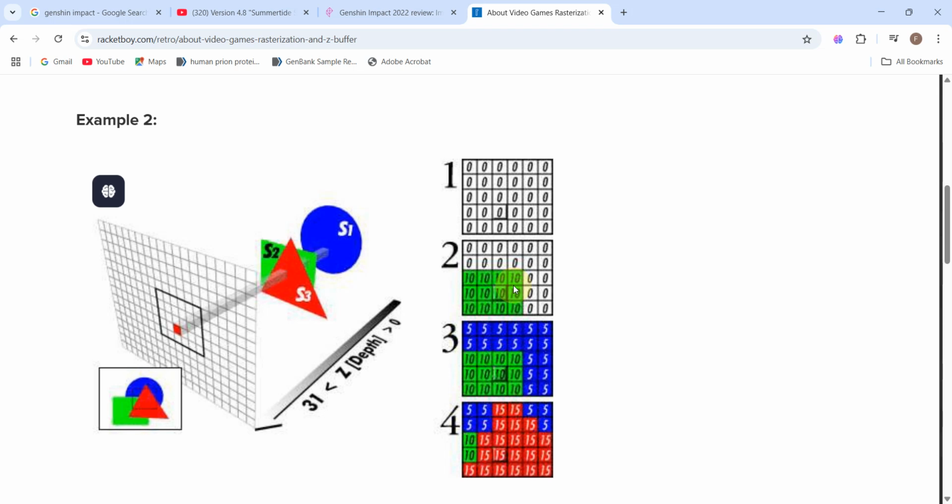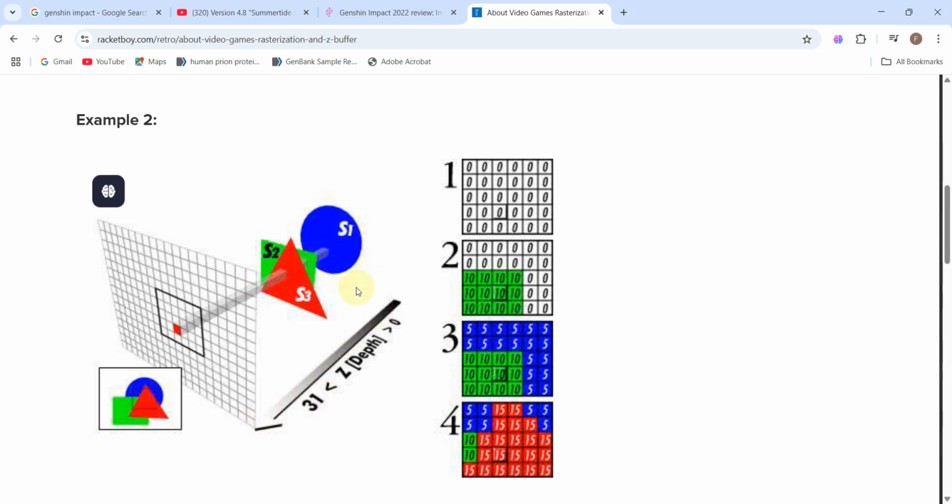Suppose first this S1 circle came, and the information that S1 is supposed to be displayed. This matrix is storing the pixel locations where it has to be shown as the S1 circle plane, and at what depth it is there.